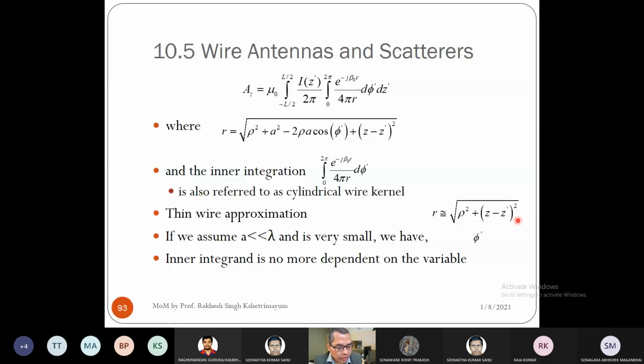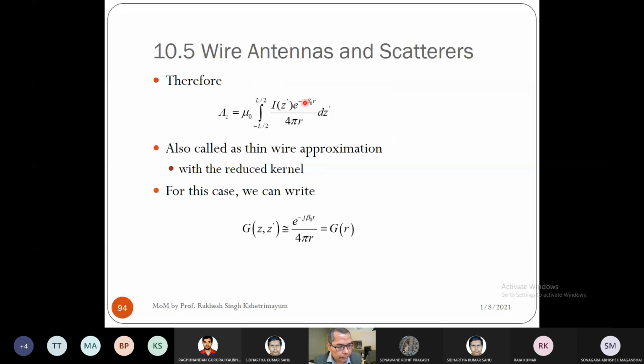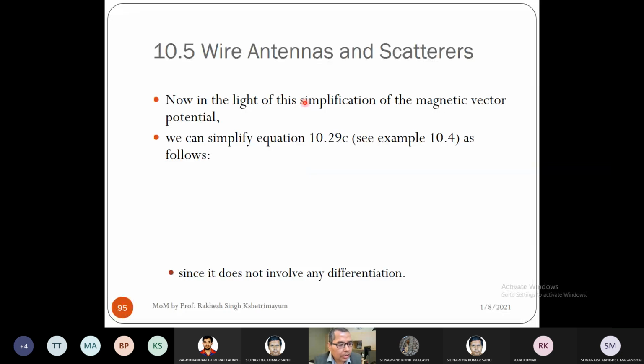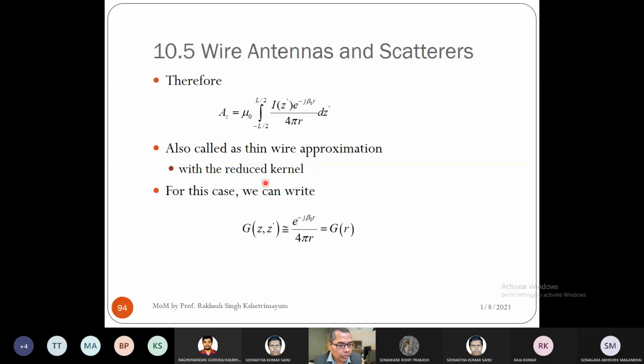Usually you consider that the wire is very thin with respect to lambda, the operating frequency wavelength. In that case, you can have the thin wire approximation. This integration becomes very simplified. Later on, it can be observed that with the thin wire approximation, your Green's function for the wire antenna can be simplified to that of free space. Then your analysis becomes very simple.